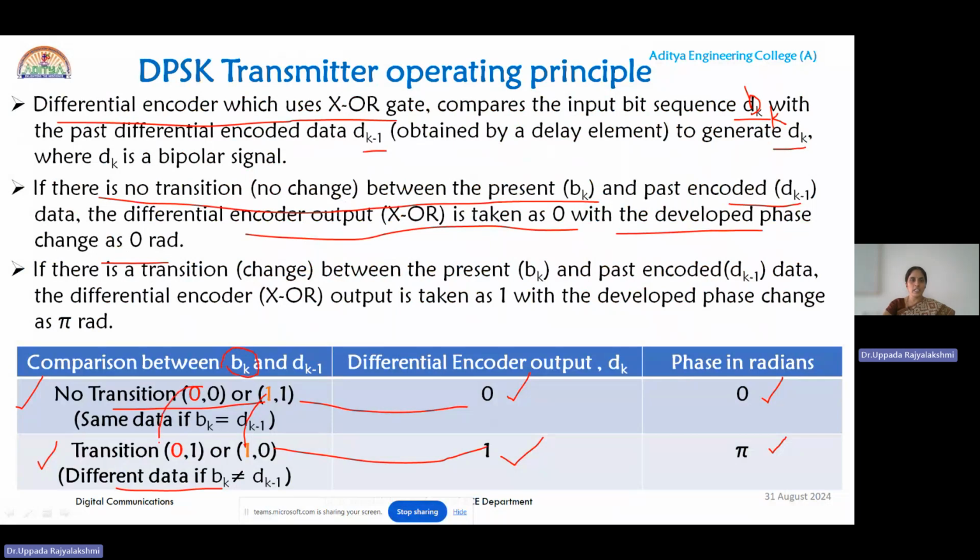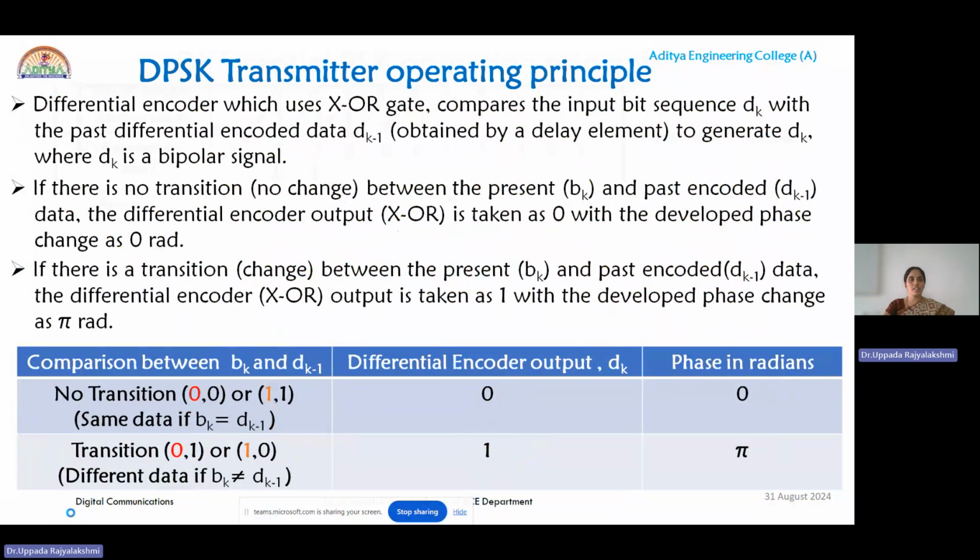For example, if bk is 0 and dk minus 1 is 0 or 1, our dk is also 0 or 1. So whenever bk is 0, dk is exactly equal to dk minus 1. And whenever bk is 1, dk is the complement of dk minus 1. So you will have a phase change only for data bit 1, and for data bit 0, you don't have any phase change.